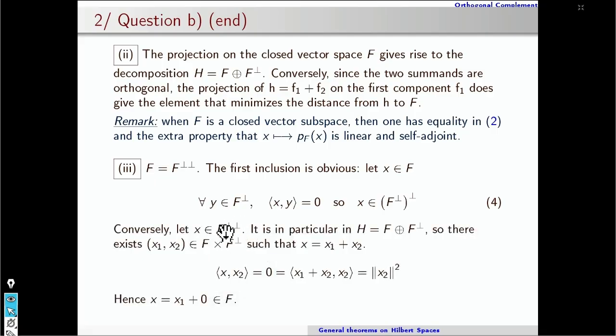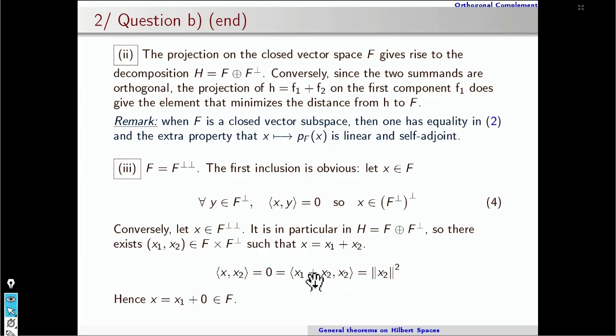Conversely, this space is a subspace of H. So an element x in F orthogonal orthogonal has one component in F and one component in F orthogonal. Because it is orthogonal to every element in F orthogonal, it is in particular orthogonal to the second component. So the inner product is equal to 0.